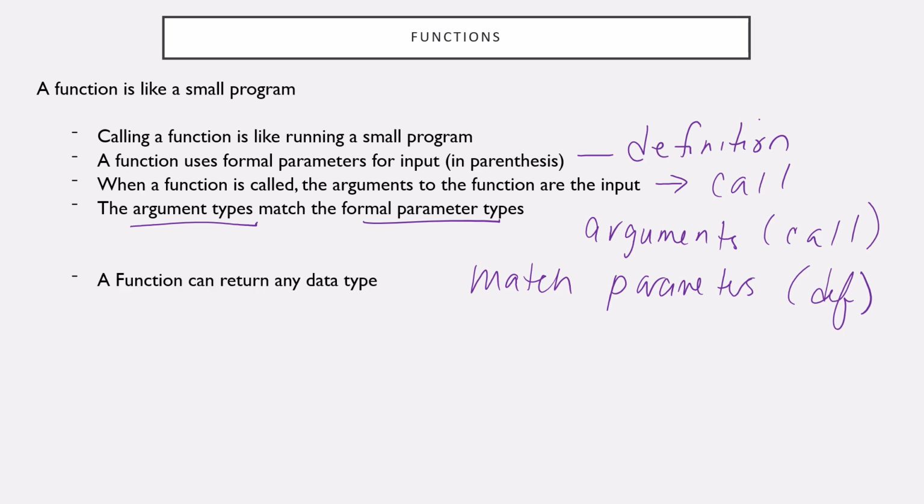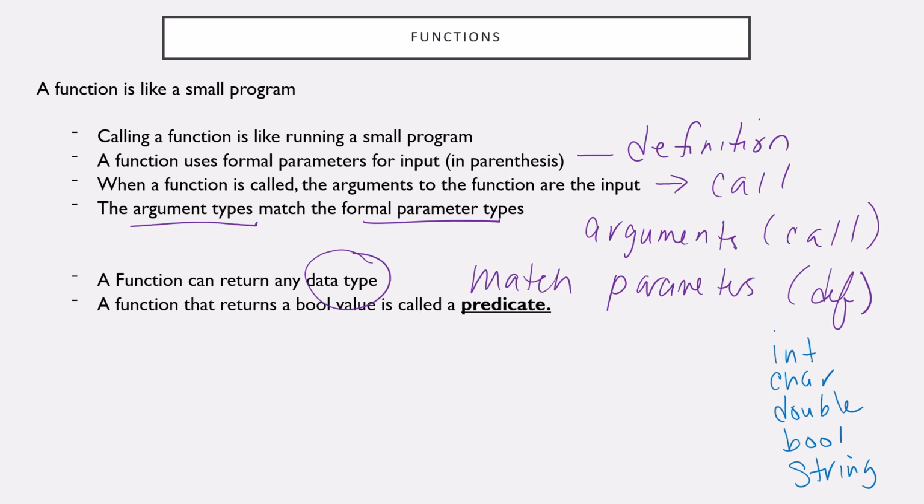A function can return any data type. At this point, the only data types that we're returning from functions would be int, char, double, and bool. These are the data types that we've been using so far in this class, and strings. We've already used strings. All right, a function that returns a bool value is called a predicate.